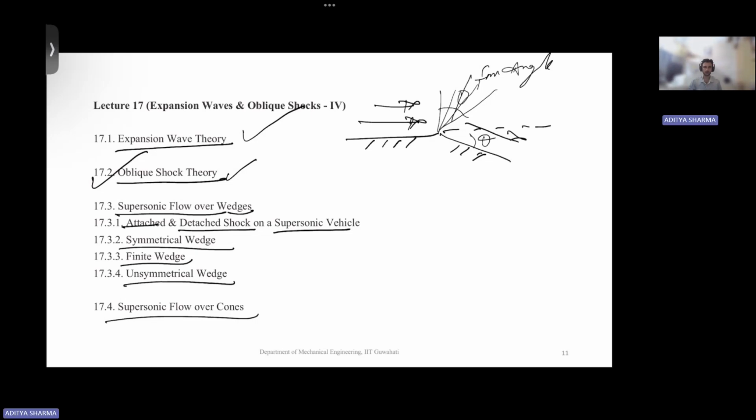Then we have supersonic flow over wedges.